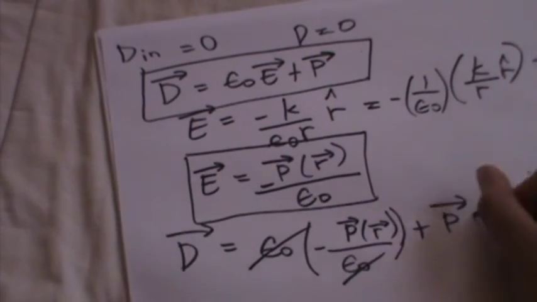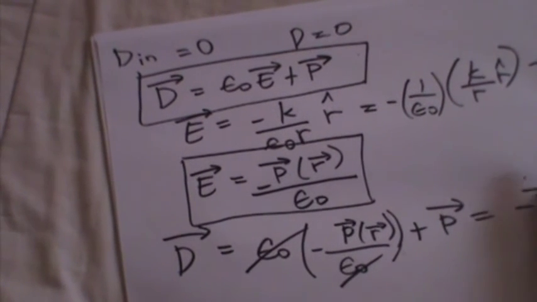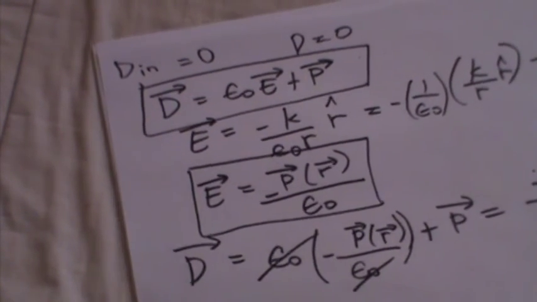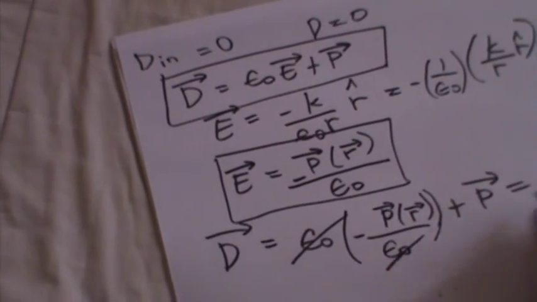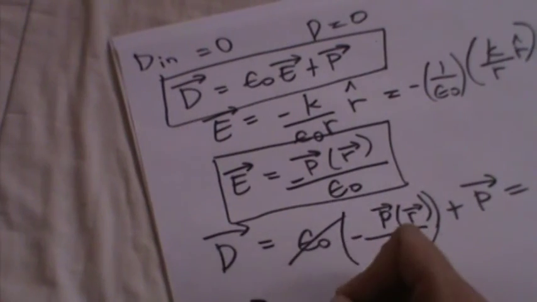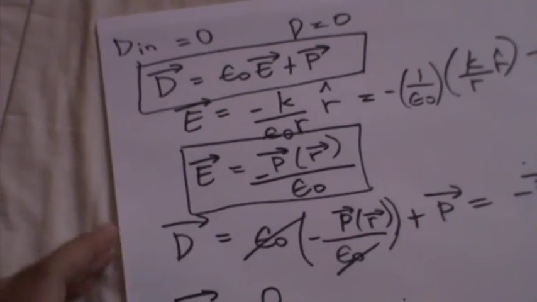So we're left with negative P and positive P. If we manipulate this one, it will equal 0. Therefore, vector D is equal to 0.